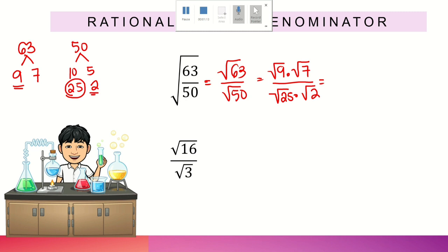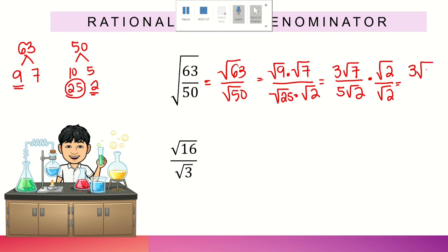Then we can simplify this. Square root of 9 is 3, square root of 7, all over square root of 25 is 5, square root of 2. Then we will rationalize. We multiply both sides by square root of 2. So we now have 3 times square root of 7 times square root of 2.